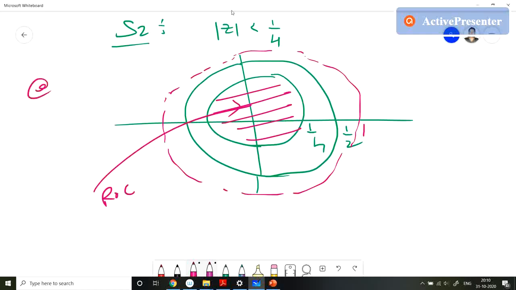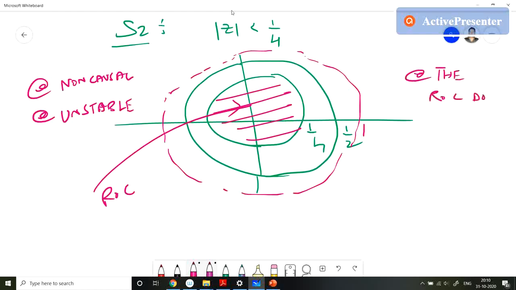Now the first thing is it is non-causal. Second thing is it is unstable. Why is it unstable? Because the region of convergence, the ROC, does not include the unit circle.